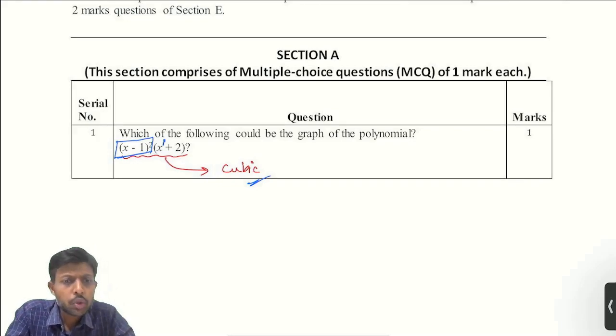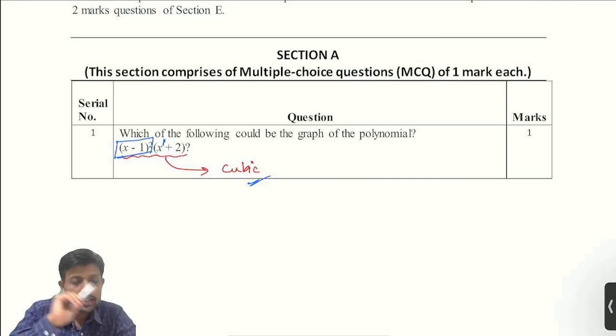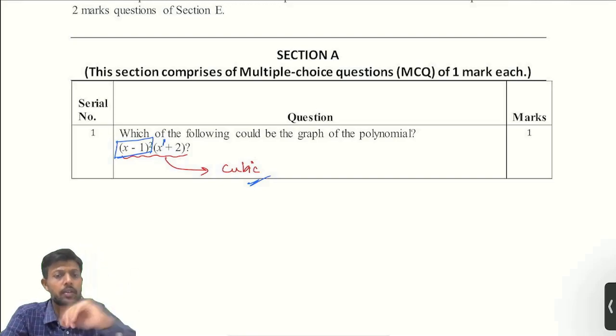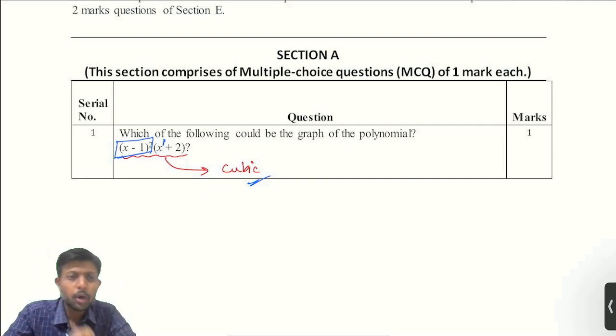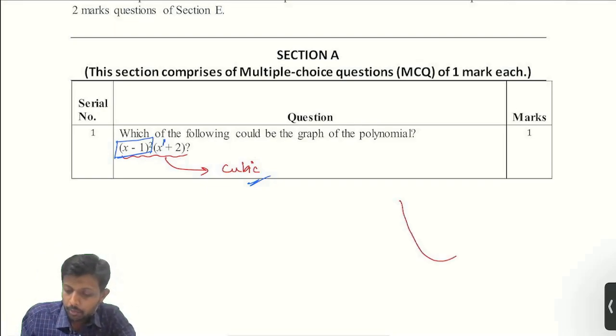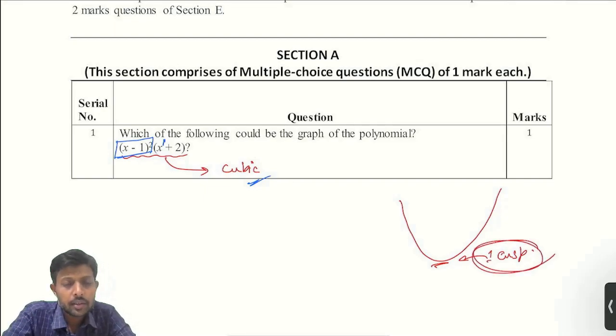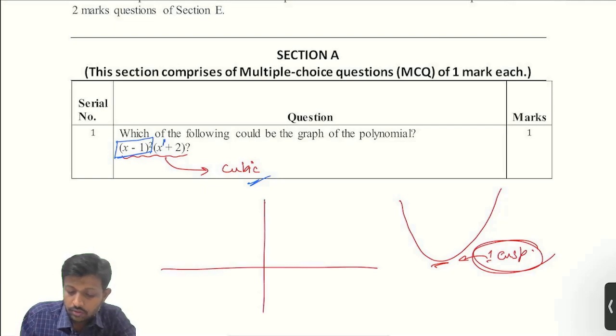Now remember, how does a cubic polynomial look like? How many cusps would you see in a cubic polynomial? If you do not remember, try coming from quadratic polynomials. A quadratic polynomial looks like a parabola, one cusp. This is what we are calling it as cusp. So one cusp in a quadratic polynomial. In a cubic polynomial, we're going to have 2 cusps.